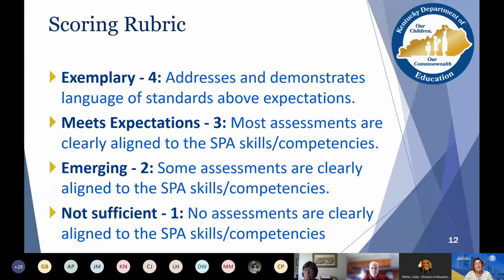Emerging would be something like some of the assessments are clearly aligned, but others aren't, so that would be an emerging one. Exemplary, and you will have programs that you review that do this, and that's where they demonstrate throughout their courses exactly how they're measuring the SPA competencies within the coursework and within the program. So you'll get a variety of things that you look at.